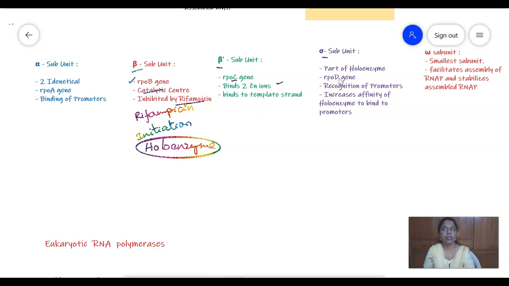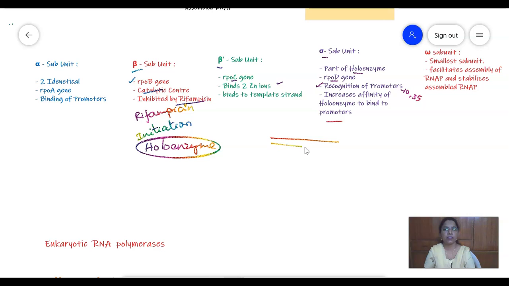The sigma subunit is the part of the holoenzyme encoded by the RPOD gene, which is required for the recognition of promoters. There are two types of promoter regions in prokaryotes, one at the -10 region and another at the -35 region. The sigma subunit increases the affinity of the holoenzyme to bind to the promoter sequences.